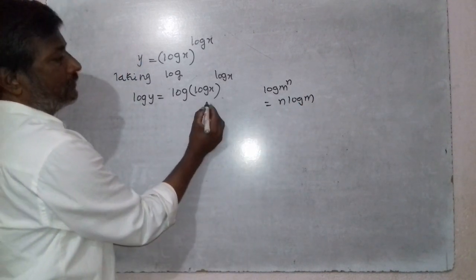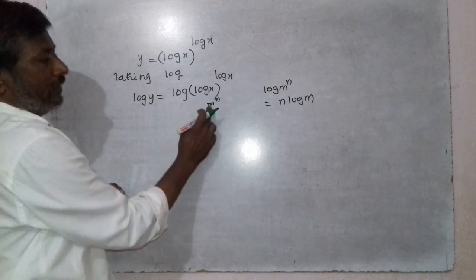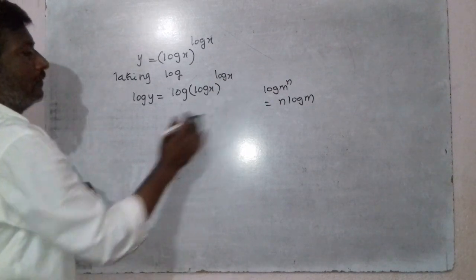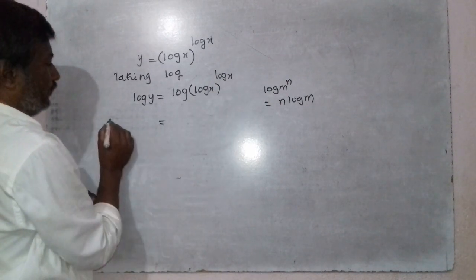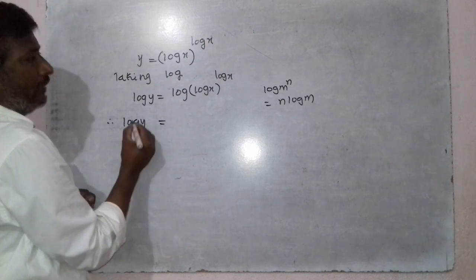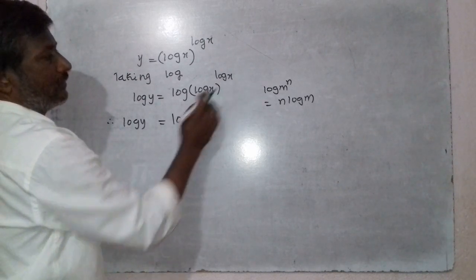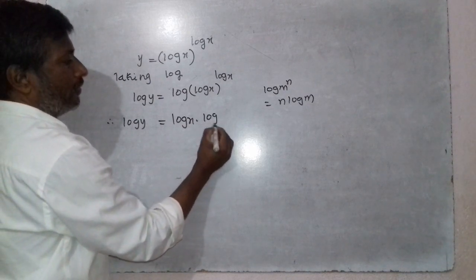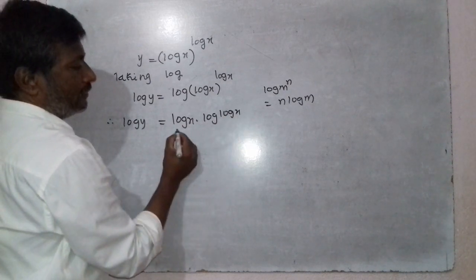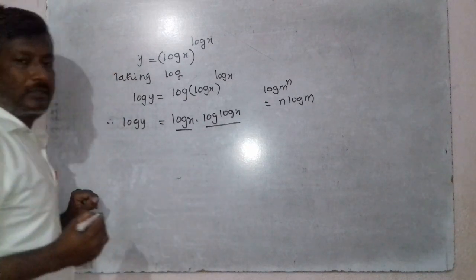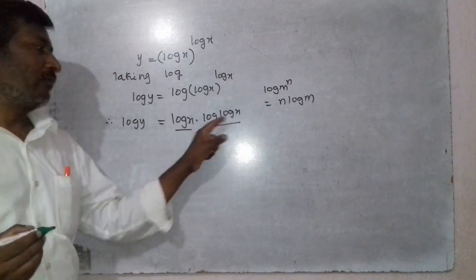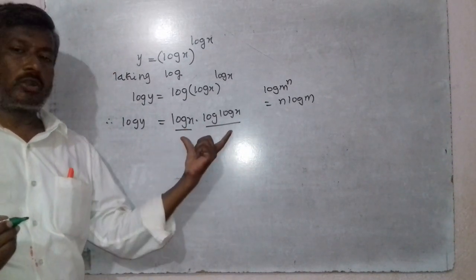So here this is m, this is n, m raised to n. This equals log y equals log x times log of log x. This is one function, this is another function, so this is the product rule.